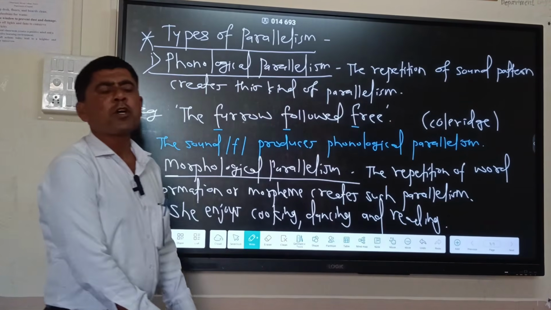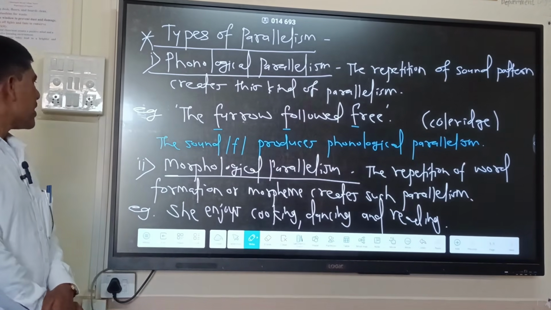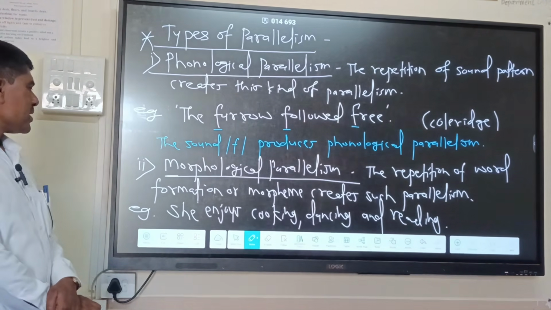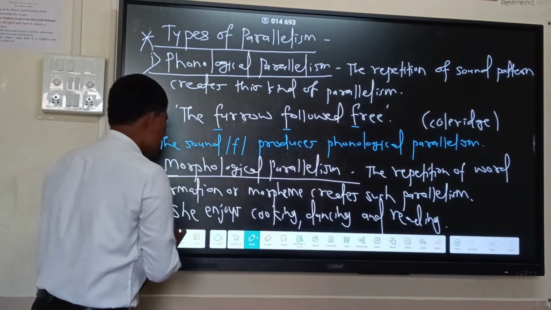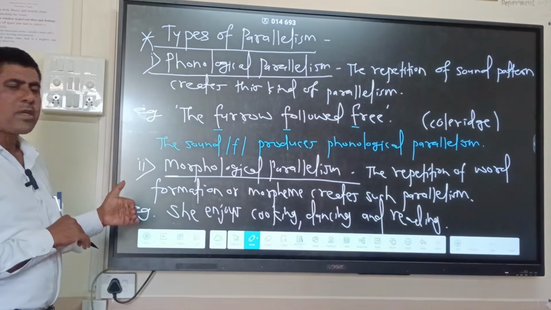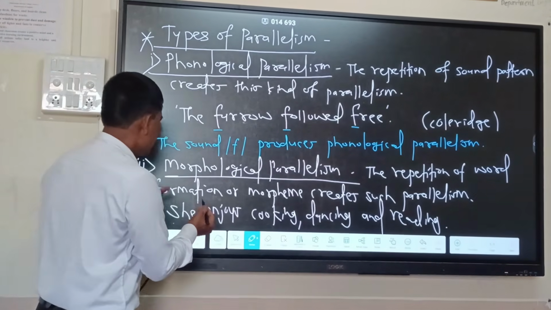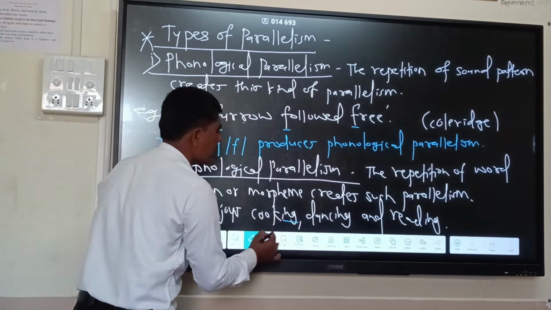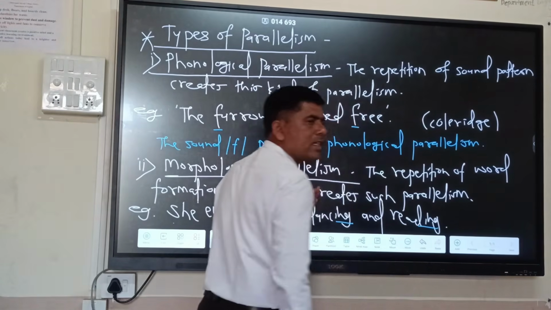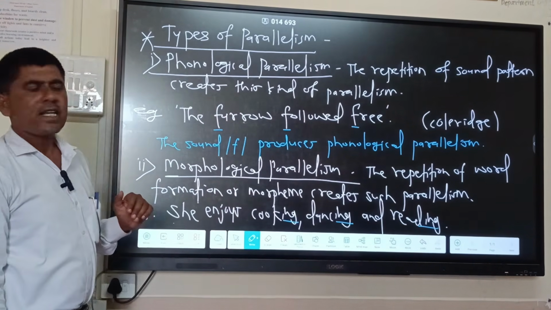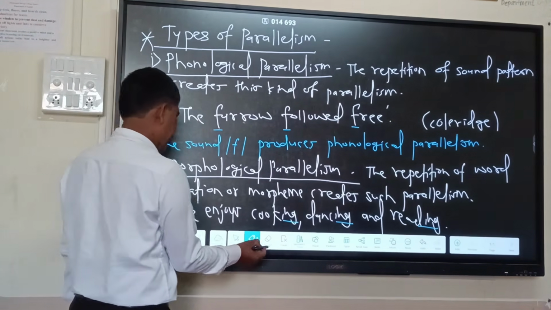So here is the morphological parallelism. What is morphological parallelism? See here, the same ing suffix, verb with ing suffix, is repeated: she enjoys cooking, dancing and reading.